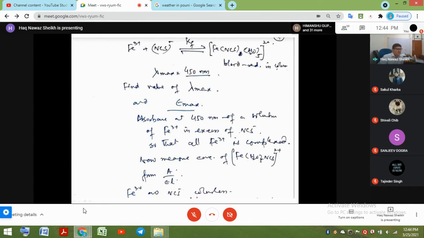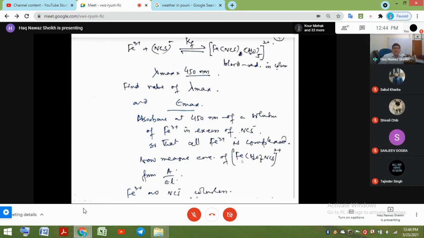Find out the value of lambda max first. Find out the epsilon max also. Once you know these two values, find out the absorbance at 450 of a solution of iron 3 in excess of the thiocyanate, so that all iron is complexed. You must add an excess of thiocyanate so that you are sure that all the iron is complexed.